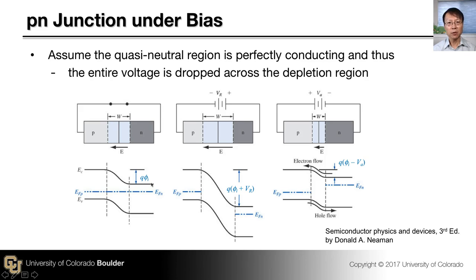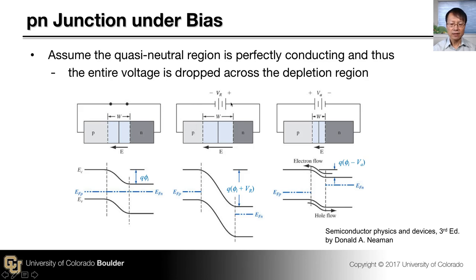Now, when you apply voltage, then you're tipping the balance. You're increasing the electric field or decreasing the electric field, depending on the polarity of your bias. The convention is that the reverse bias voltage here, shown in the middle figure, is in the direction that it increases the potential of the n side and it lowers the potential of the p side.